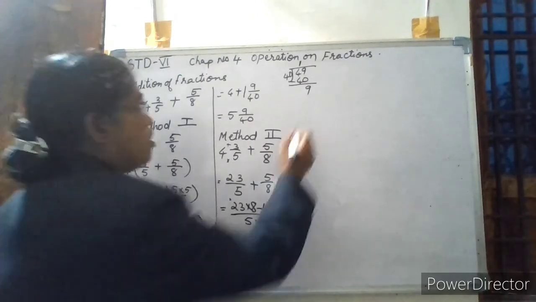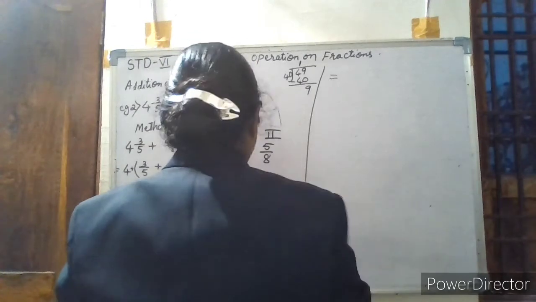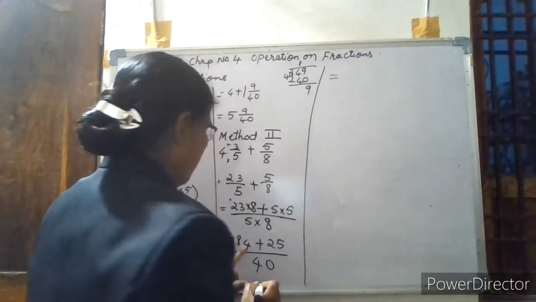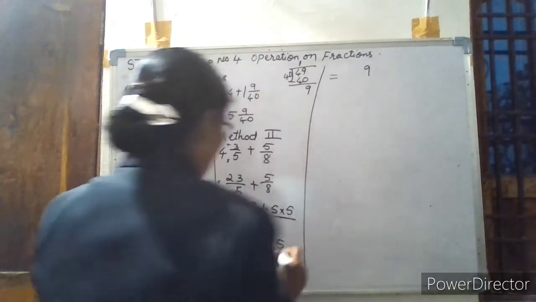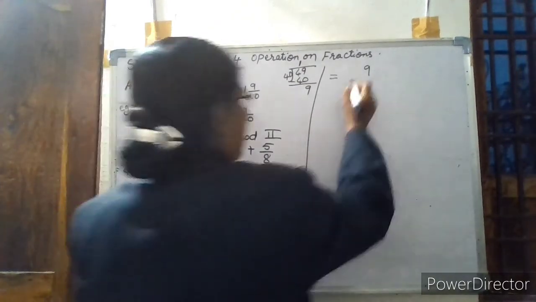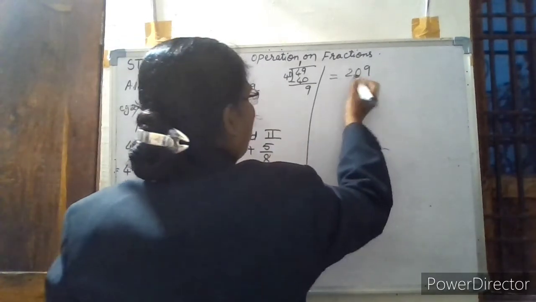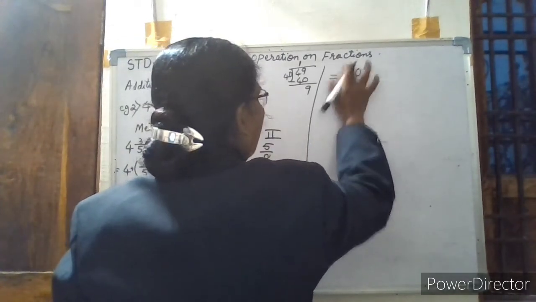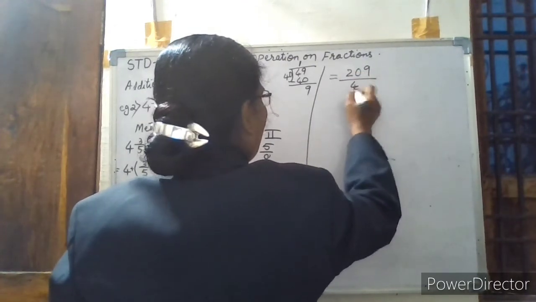Now you add it: 5 plus 4 equal to 9, 8 plus 2, 10, 0, carry 1, it will be 2. So 209 by 40 I get.